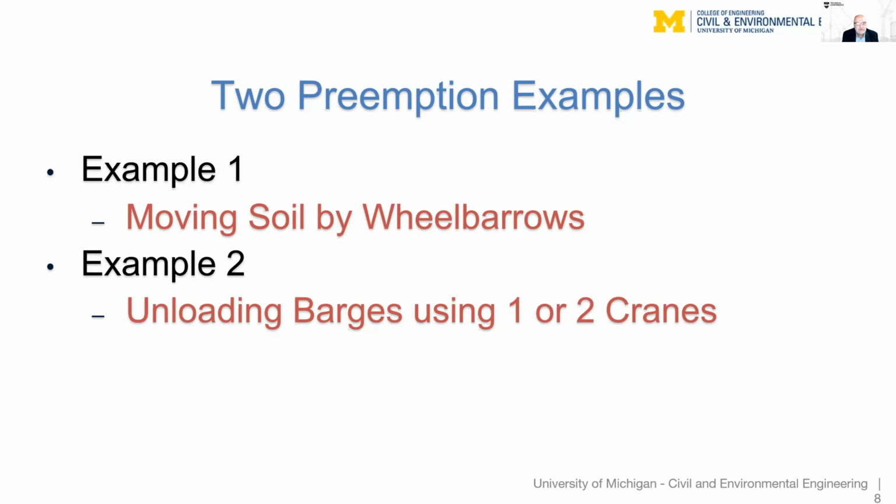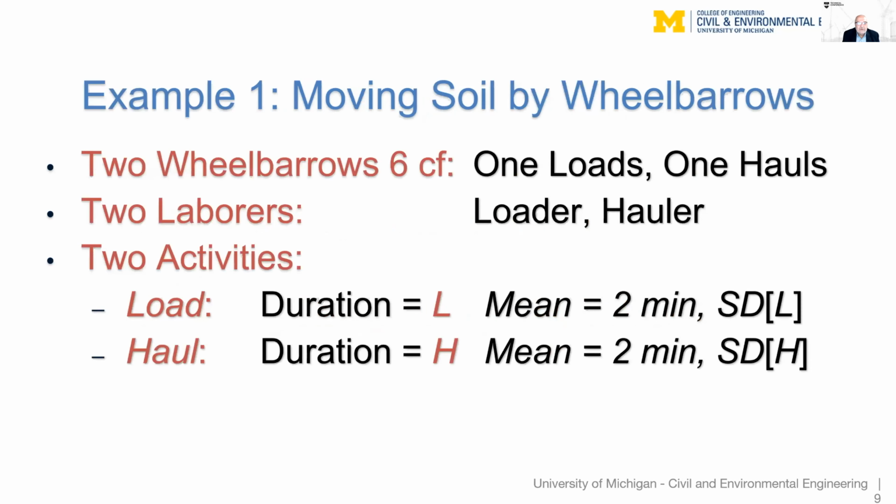The first example is a very simple one that shows how to move soil by wheelbarrows. And the second example is one where barges arrive at a harbor and they unload using 1 or 2 cranes. Now, the first example involves essentially 2 activities called load and haul, and 2 wheelbarrows, each 6 cubic feet, and 2 laborers, 1 who loads and 1 who hauls.